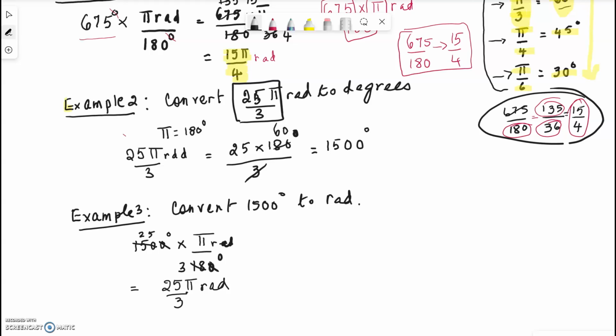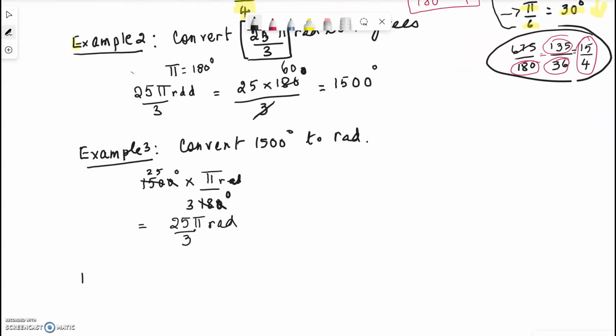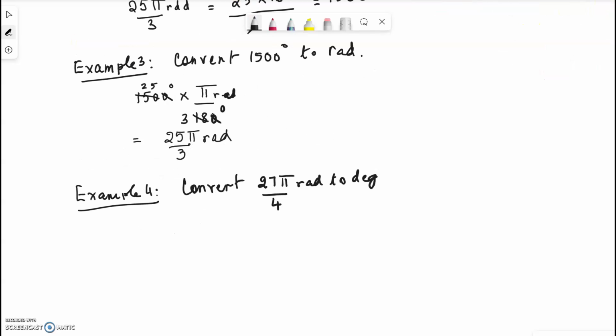Now, just one more example. We convert 27 pi over 4 radians to degrees. So we go 27 over 4. Pi radians is equal to 180 degrees.